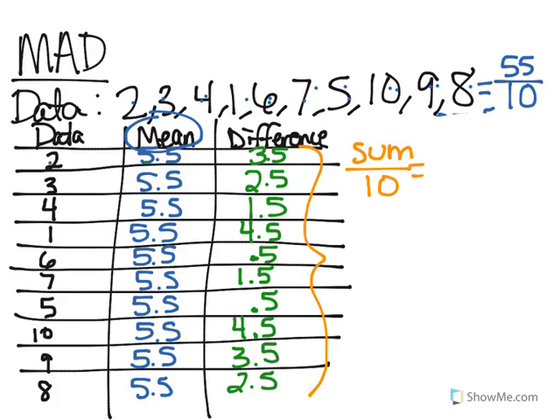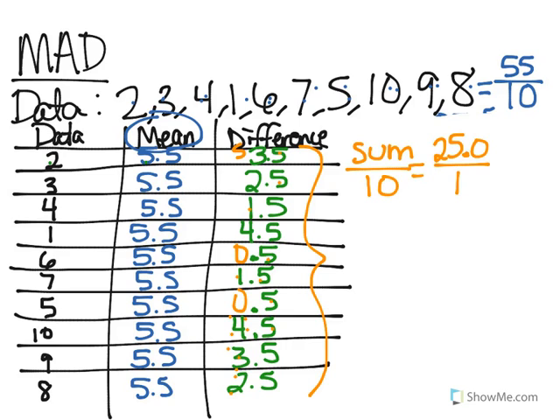So now I'm going to add all these numbers up. 5, 10, 15, 20, 25, 30, 35, 40, 45, 50. Carry my 5. 5, 6, 7, 8, 9, 10, 11, 12, 13, 14, 15, 16, 17, 18, 19, 20, 21, 22, 23, 24, 25.